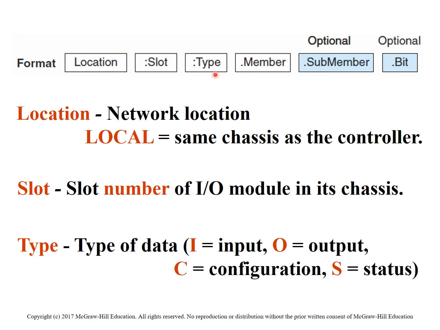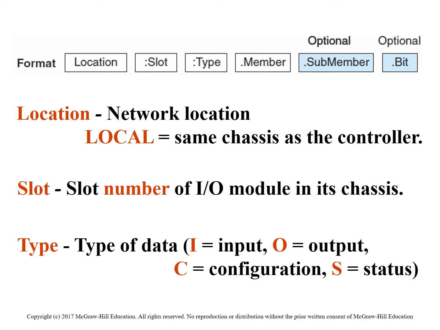Typically in most cases, the optional one is the submember. You get into that mostly with more complicated cards like analog cards or high-speed counter cards. They break down a submember, where you might have a channel 1, channel 2 type thing of an input. So type is going to be an output.